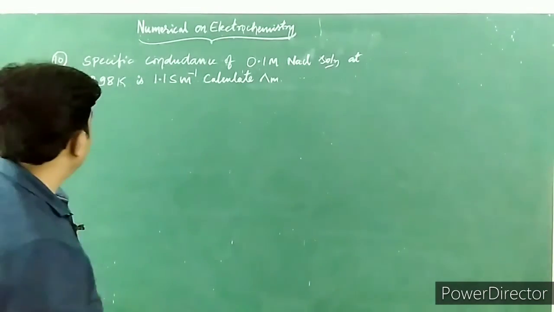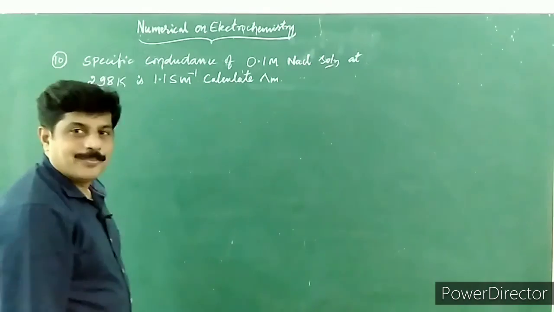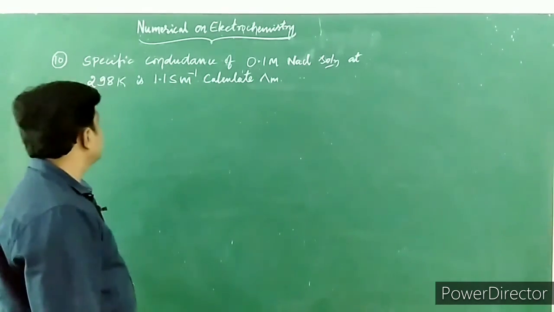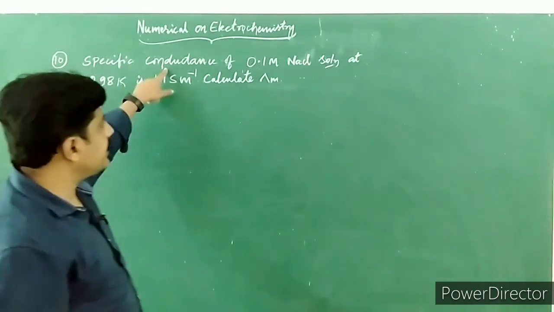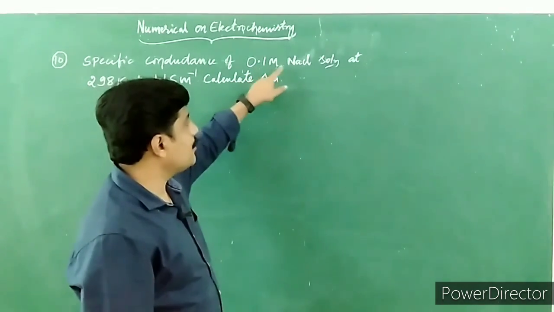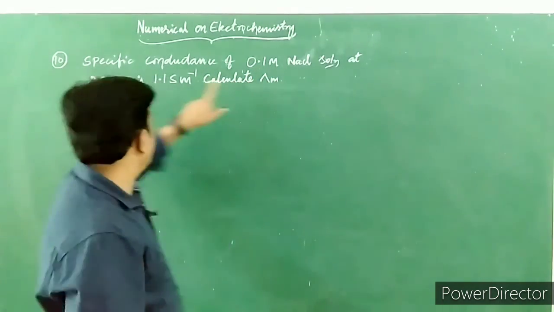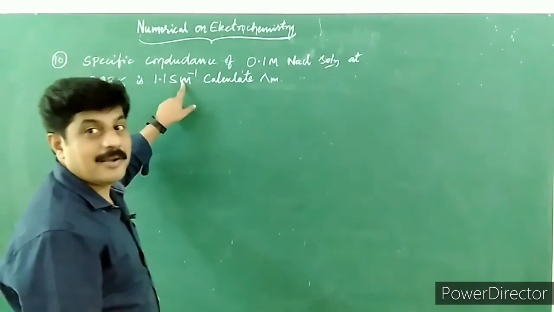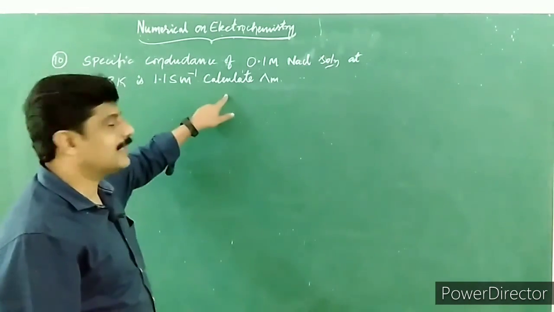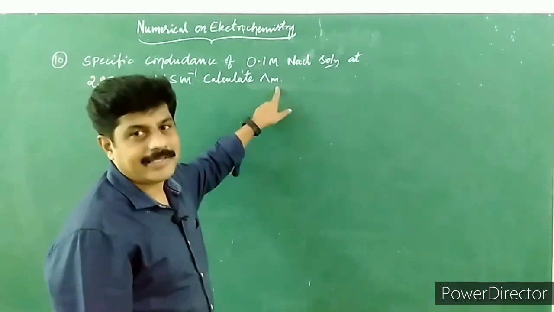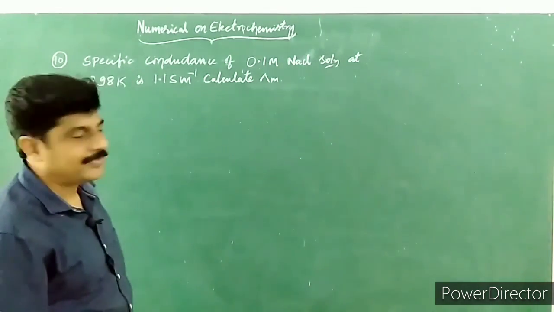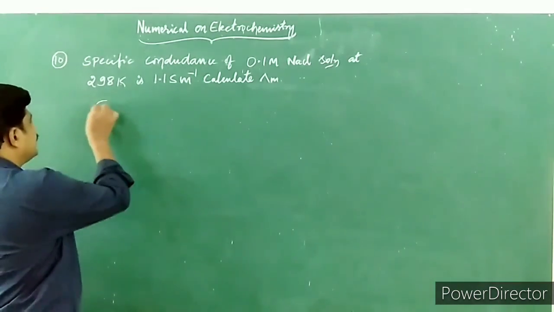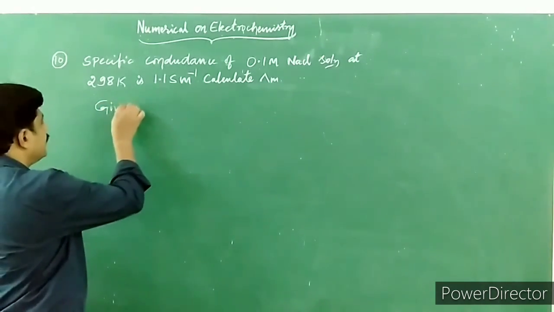Children, let me go for one more numerical on molar conductivity. Specific conductance of a 0.1 molar NaCl solution at 298 Kelvin is 1.1 Siemens per meter. Calculate molar conductivity, that is lambda m. Children, let us write the given data.